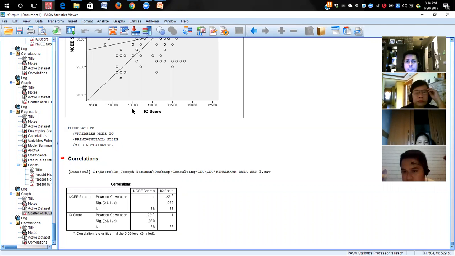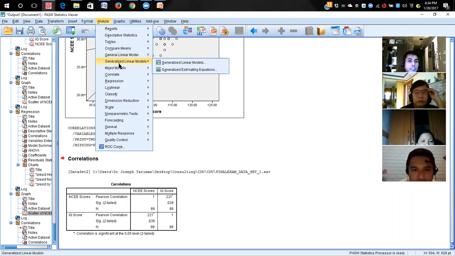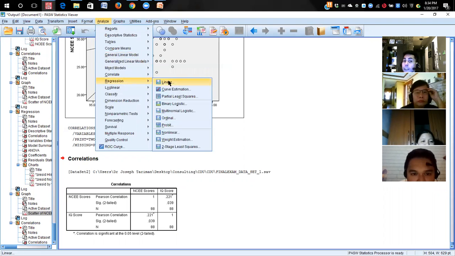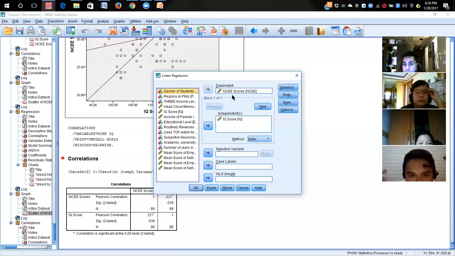So let's find out then if we put a regression, because regression modeling can give you additional information than a simple correlation. So now let's do regression. Let's do linear. And we will put NCEE as the dependent variable and our IQ as the independent variable, or our predictor variable.